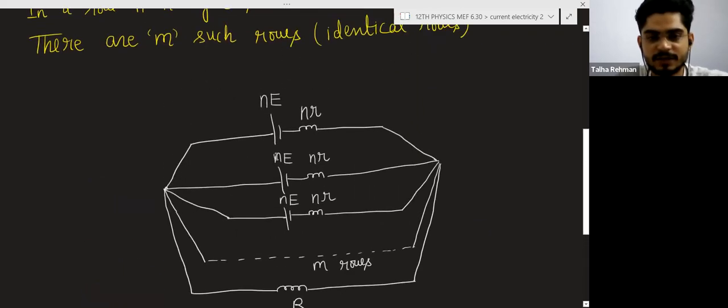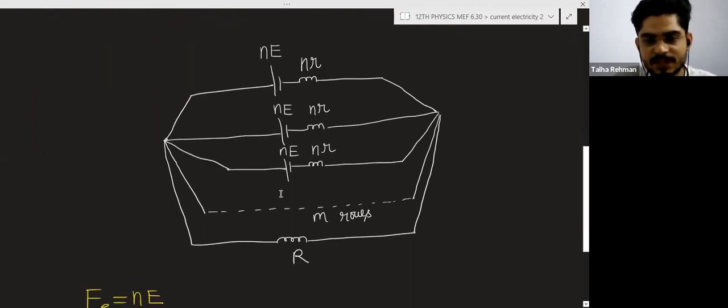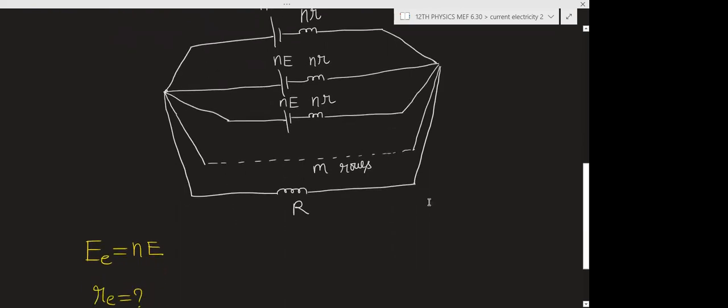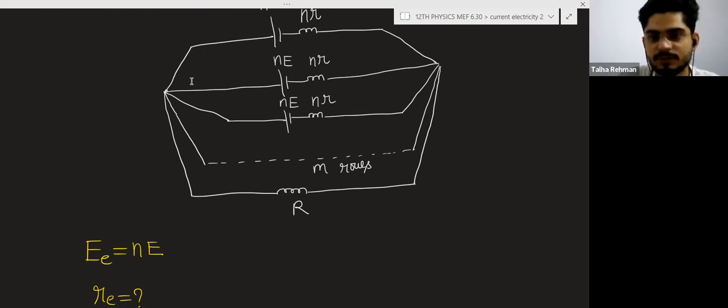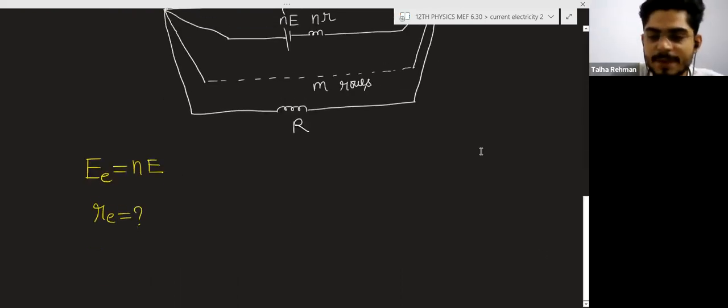You can see here that you have this one row, second row, third row, and you have m such rows. One by nr, yes. Just see, this is a parallel combination.